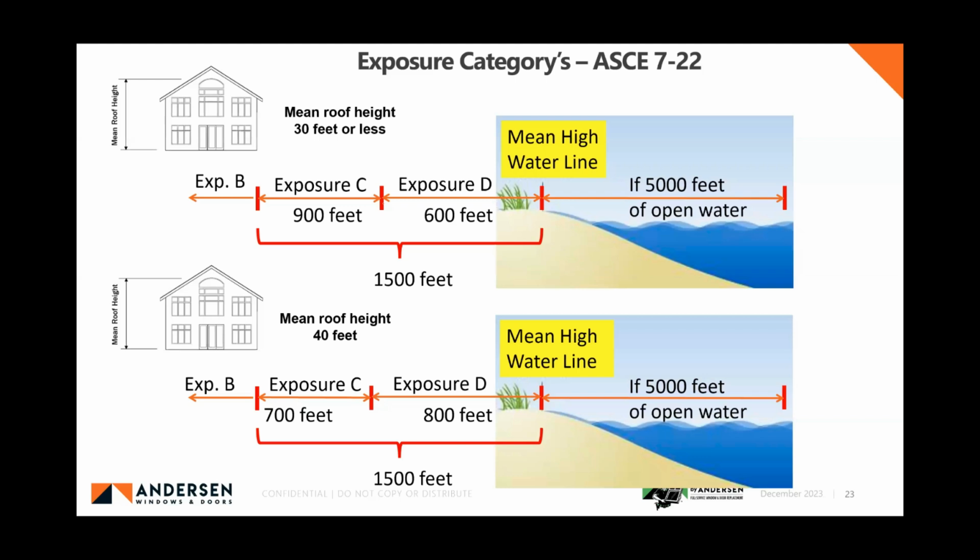So in other words, you would have to go an additional 900 feet so that you had the full 1,500 feet, 900 plus 600, to qualify for exposure category B. This is an example of what I was telling you earlier about how it's different for different mean roof heights. If your mean roof height exceeds 30 feet, exposure B extends 20 times the height of the building, not a base 600 feet.